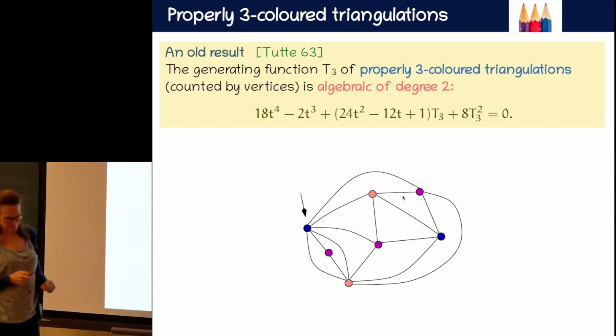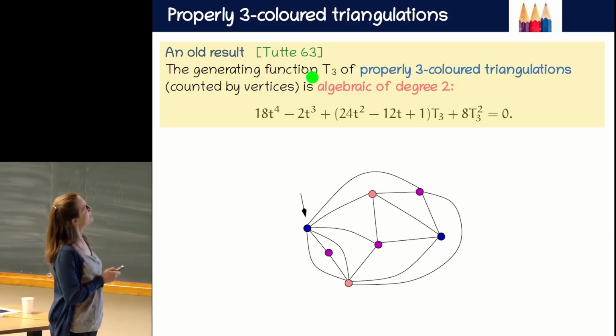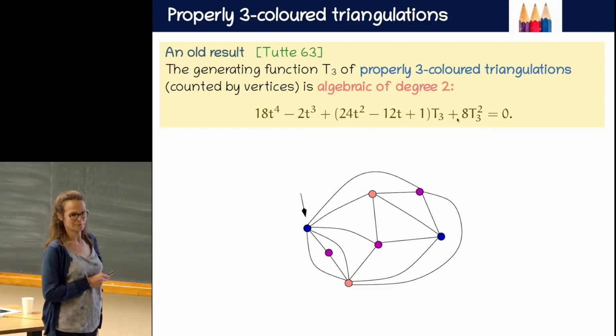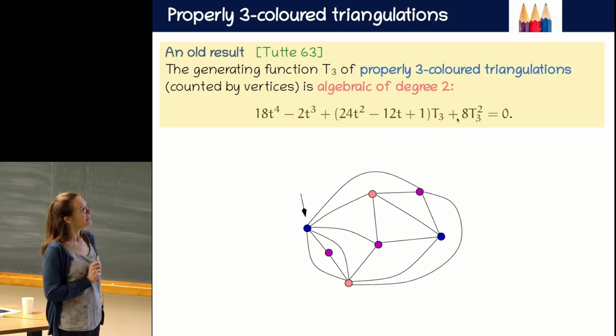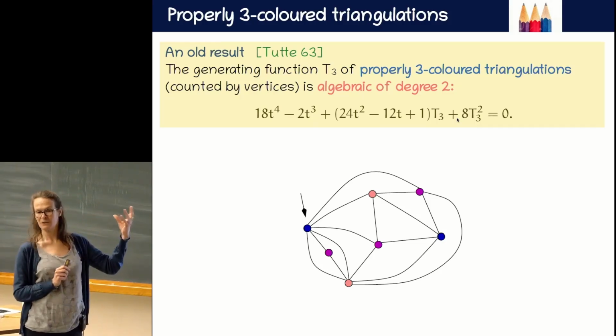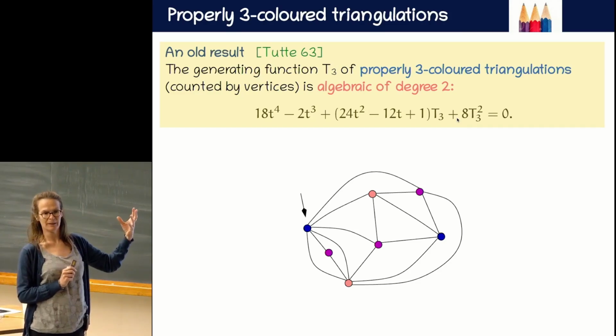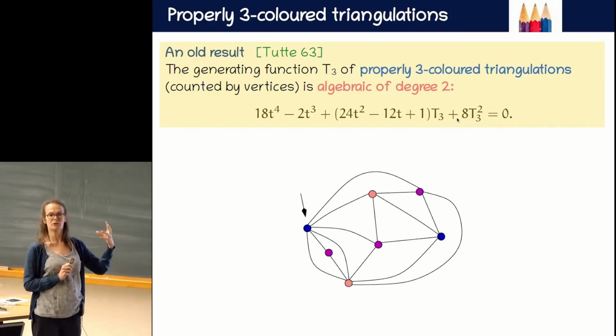Then the generating function of these maps, counted, say, by vertices, is algebraic of degree 2. So that's its minimal polynomial. So that's the old result. Now the conjecture asks a similar problem, properly 3 colorings, but of the dual class, that is the cubic maps.